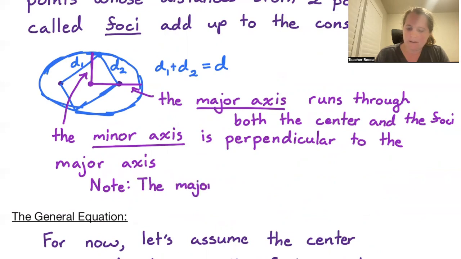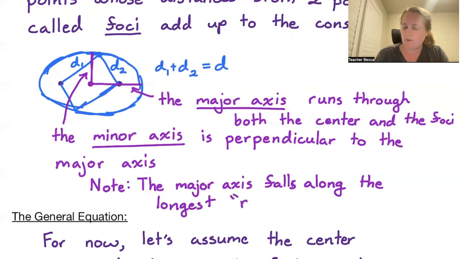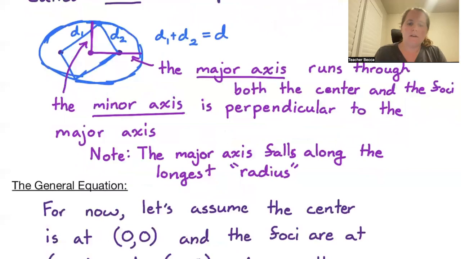So the major axis falls along the longest radius. Again, radius is not really the appropriate term, since it's not a circle, but same idea, from the center to the edge. All right.